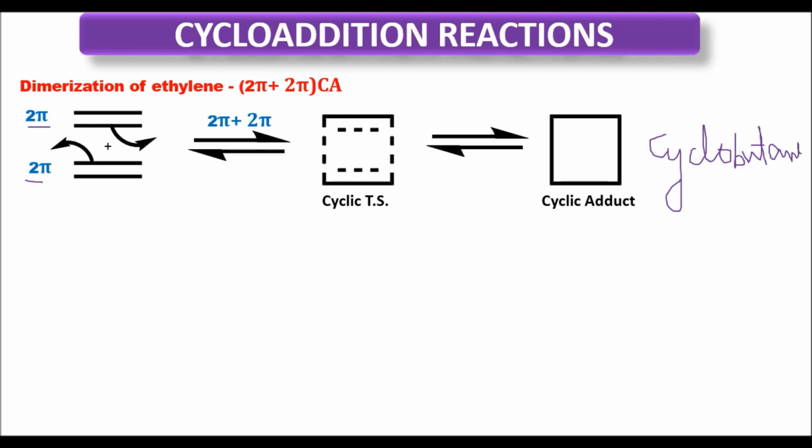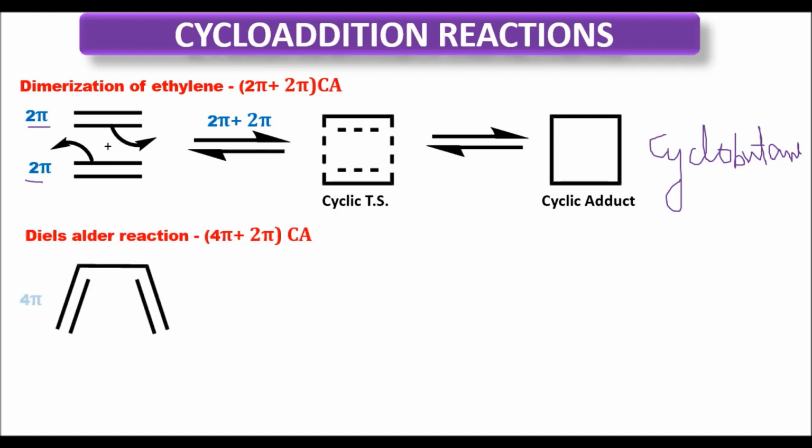Another very important and very well known reaction is the Diels-Alder reaction. What is a Diels-Alder reaction? A diene reacts with a dienophile. This is the diene. In the diene, 2 pi bonds are there, therefore it has 4 pi electrons.